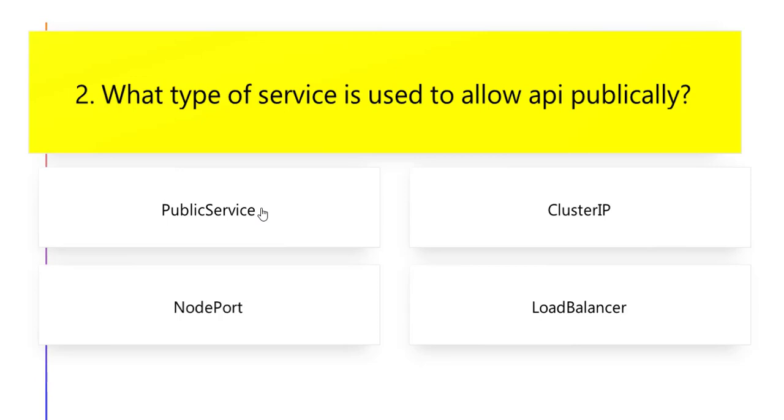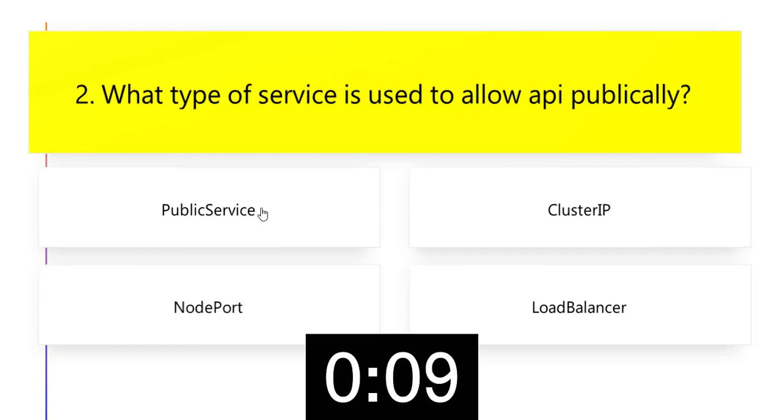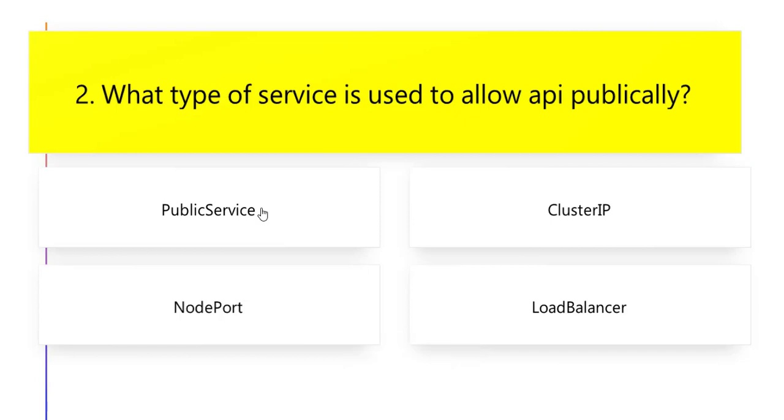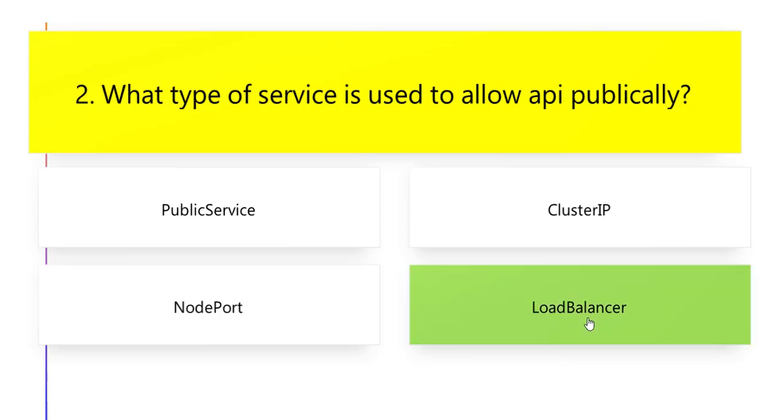Maybe again you can stop your video and provide your answer in the comment box. You have 10 seconds to answer this, and your time starts now. Okay, time up. The correct answer is LoadBalancer.